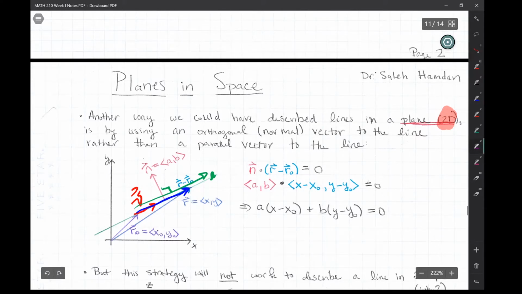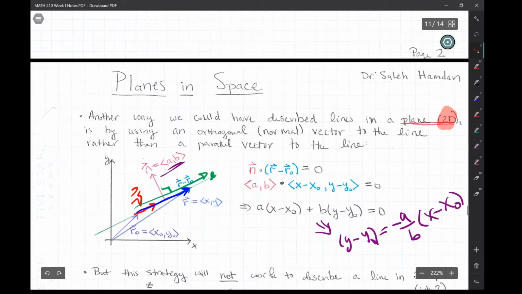So you could relate this back to things you might have run into, where if you simplify this expression, you will get y minus y naught is equal to negative a over b times x minus x naught. And these a and b, it's no longer the case that a is the rise and b the run. You have this being perpendicular to the actual vector that's the rise and run.